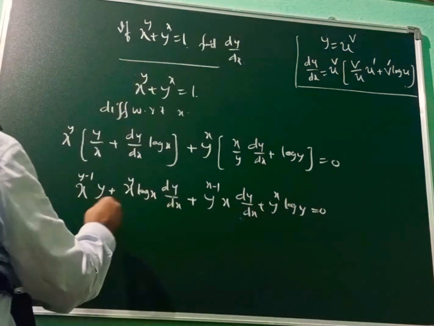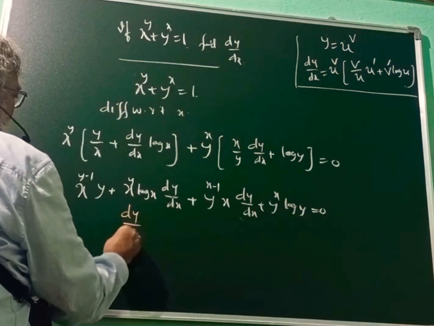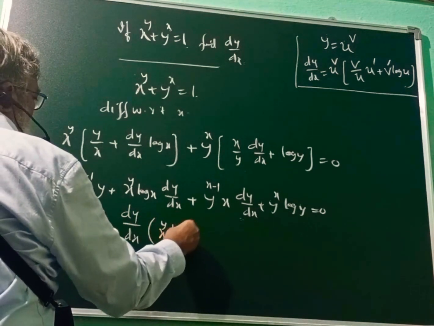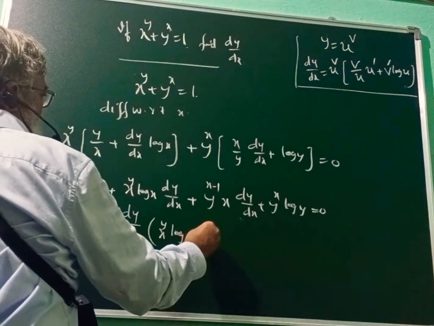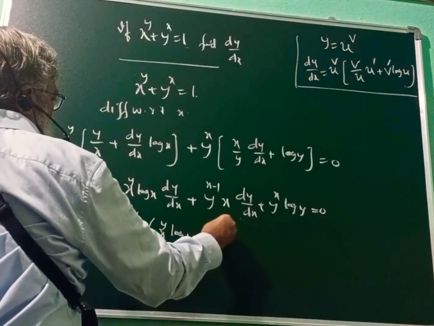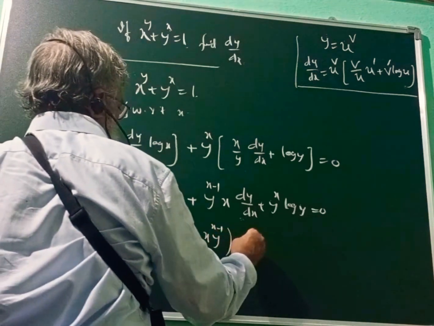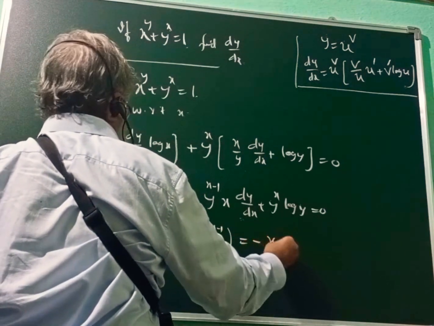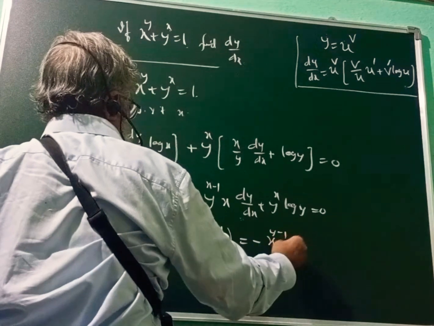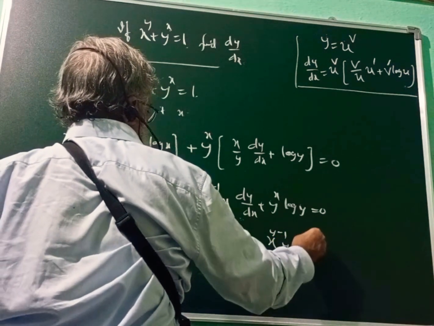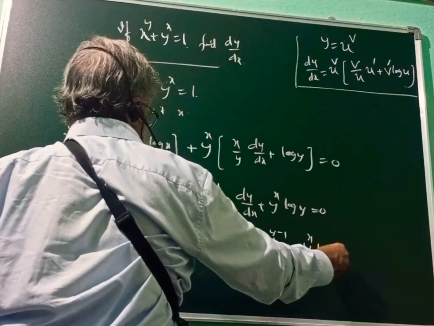Let us take dy by dx common. dy by dx is common: (x raised to y into log x plus x into y raised to x minus 1) dy by dx. The remaining terms we take to that side: minus x raised to y minus 1 into y, and here minus y raised to x into log y.